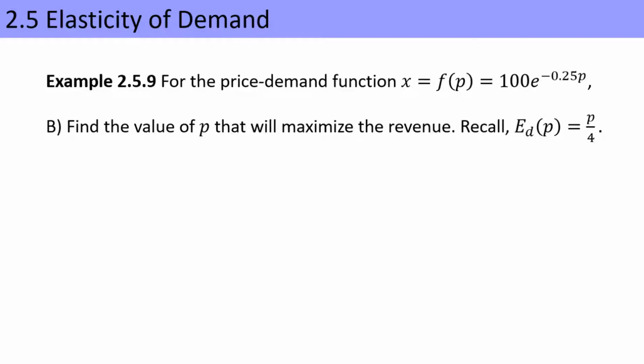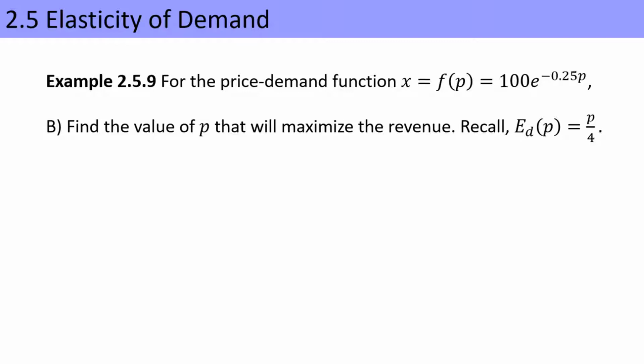Continuing with example 2.5.9, for the price demand function, x equals f of P is equal to 100 times e to the power of negative 0.25P. Part B, find the value of P, the price, that will maximize the revenue. Let's recall from Part A that the elasticity of demand with respect to P we solved to be P over 4.